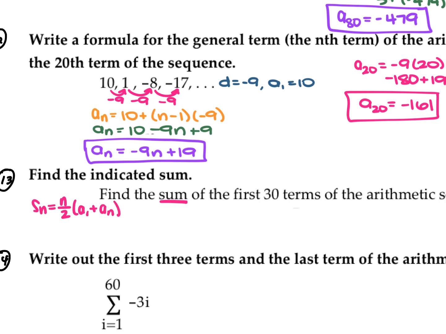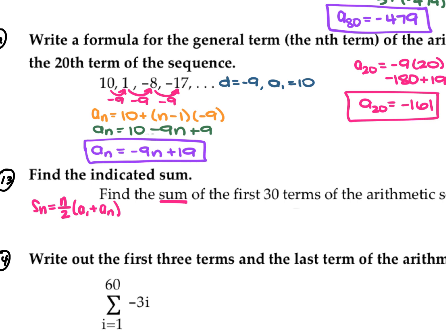Okay. Your first term is what? 6. So your a sub 1 is 6. We don't need a sub n yet. Your n, however, to find n, we said top minus bottom plus 1.